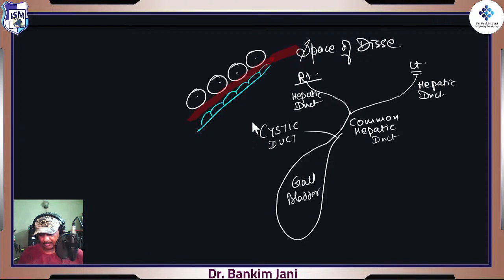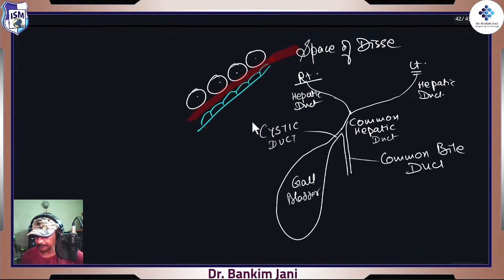Now whenever the demand increases, the gallbladder contracts and throws its content into what's called the CBD, the common bile duct. This common bile duct goes down, and from here comes the pancreatic duct.